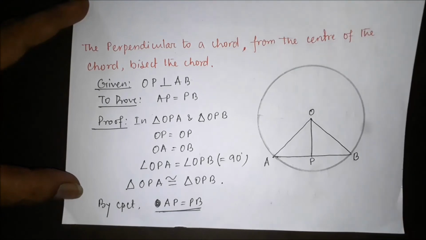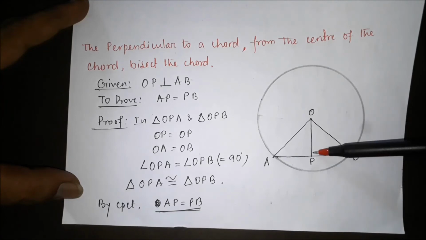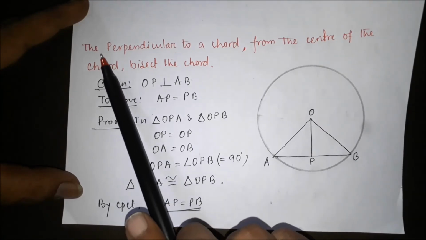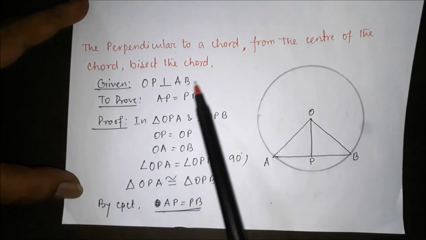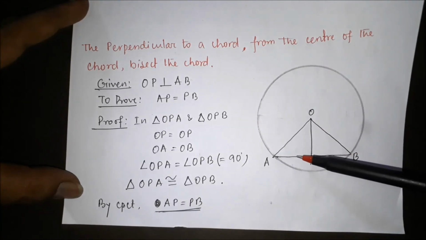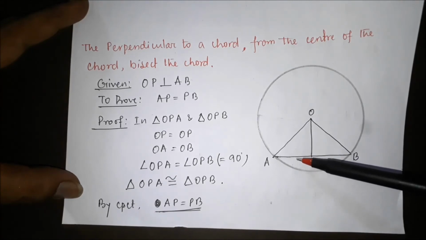Now this is the converse of the last theorem. In the last theorem it is said that if the line drawn from the center bisects the chord, then it is perpendicular. Now in this theorem it is given that the perpendicular from the center to a chord bisects the chord. That means if you join a line, and it is perpendicular to the chord, then it will bisect the chord.